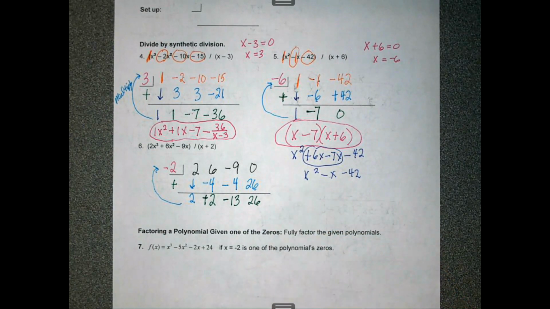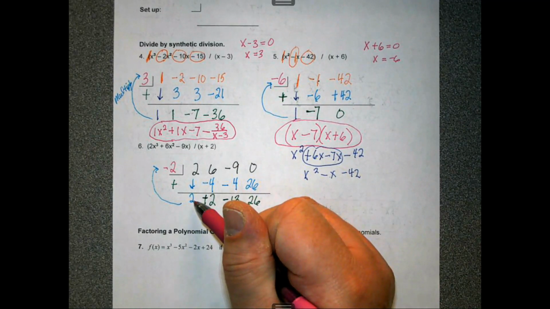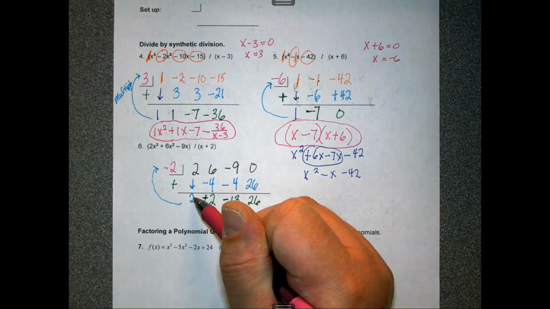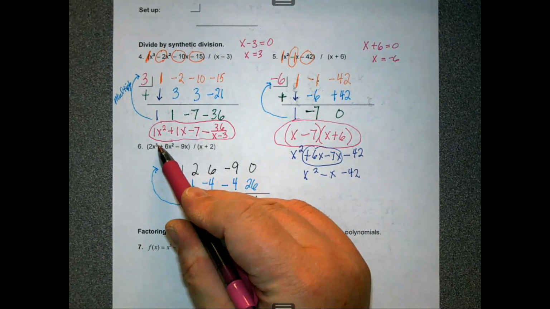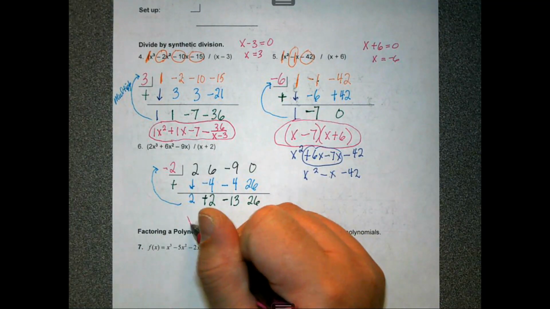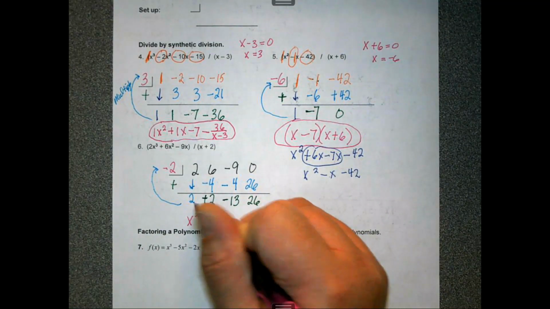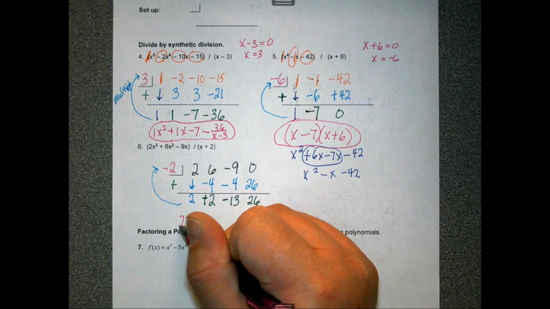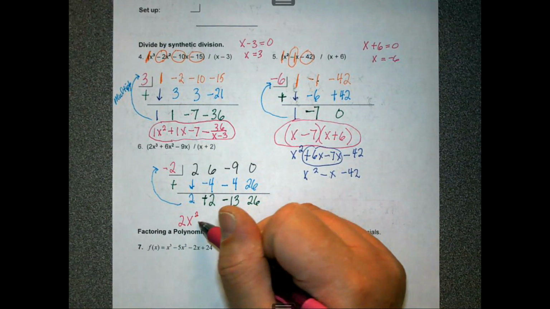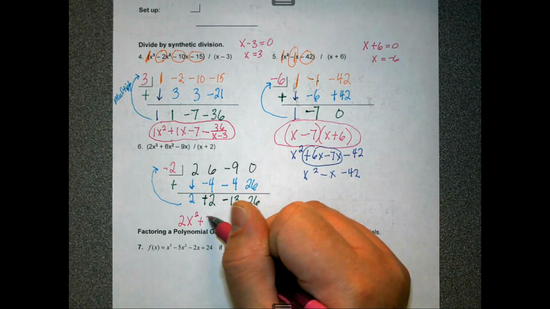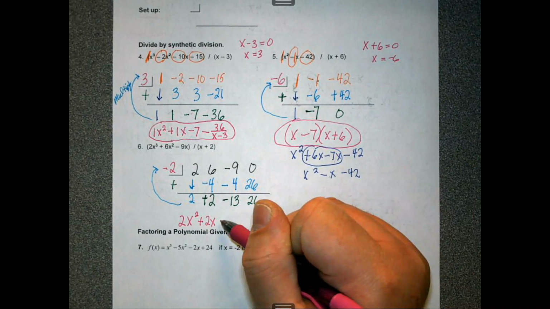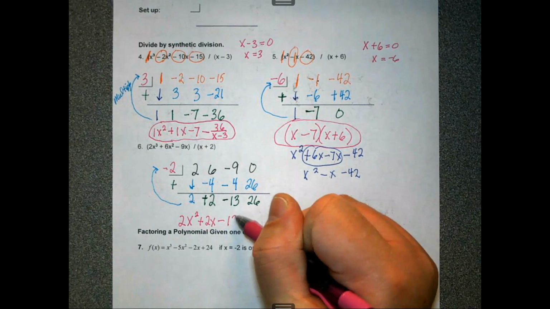Okay, let's write our function here. I started with x cubed. That means I'm going to end up with an x squared here, right? My coefficient is 2, plus 2x, minus 13.